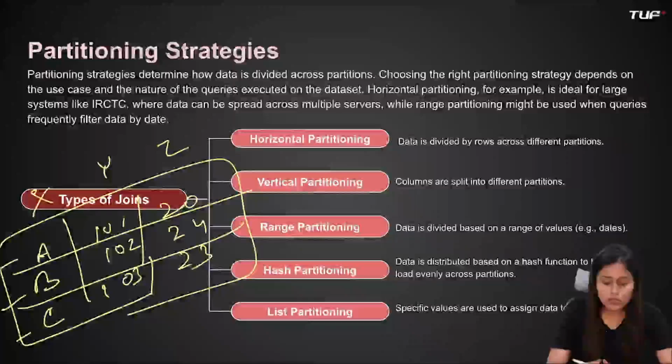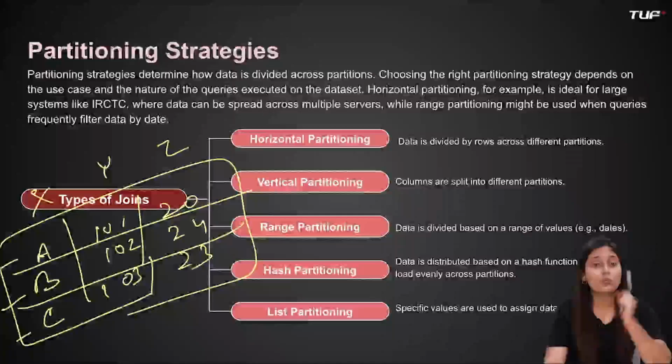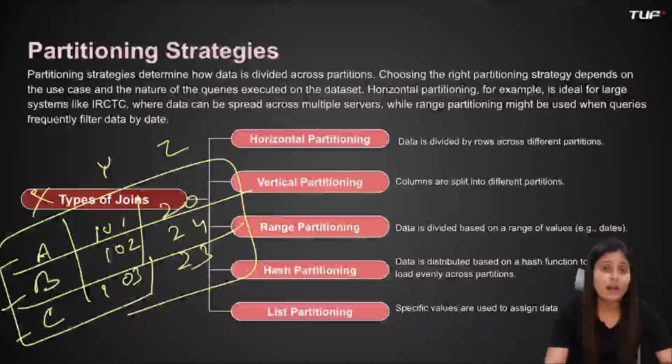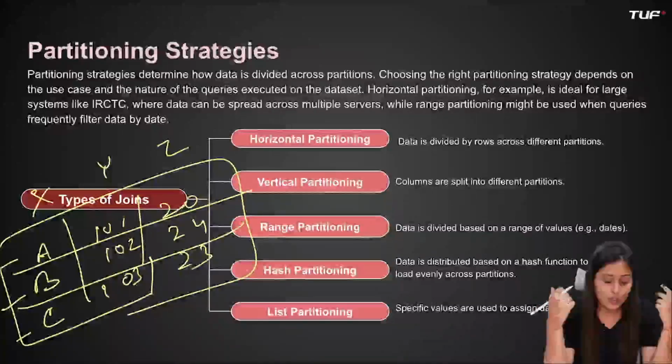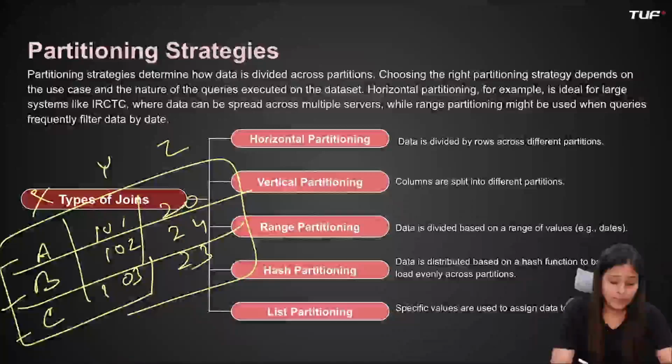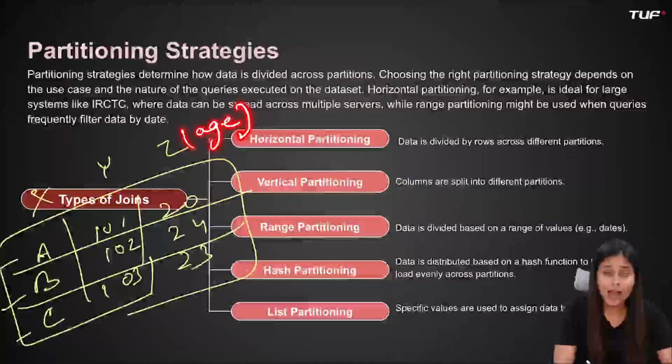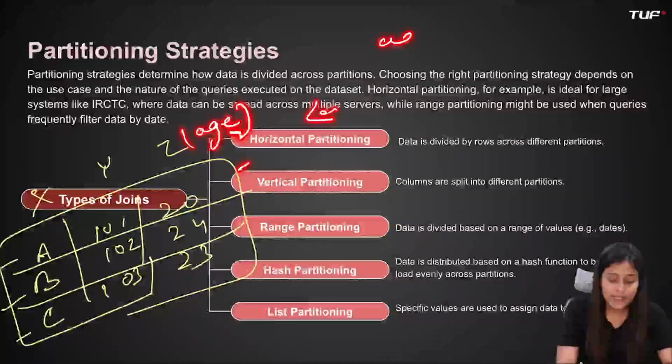Next is range partitioning. It is also a type of horizontal partitioning, but with one more condition, where you select the rows based on a condition. Let's suppose the Z column is the age column, and you give the condition to divide the partition horizontally such that the age should be less than or equal to 23.